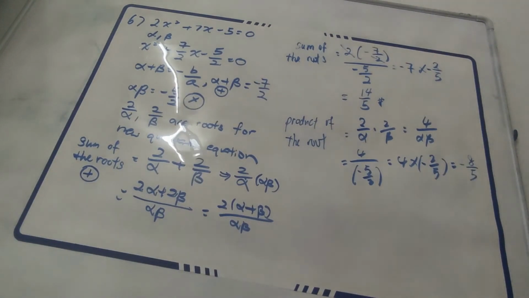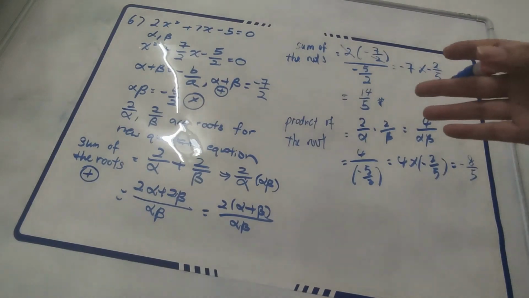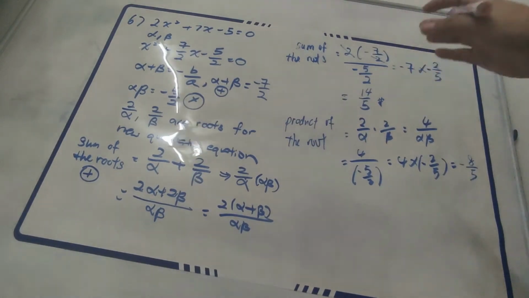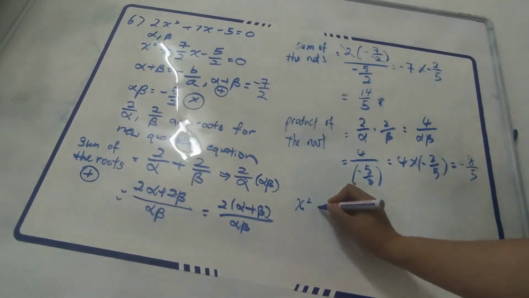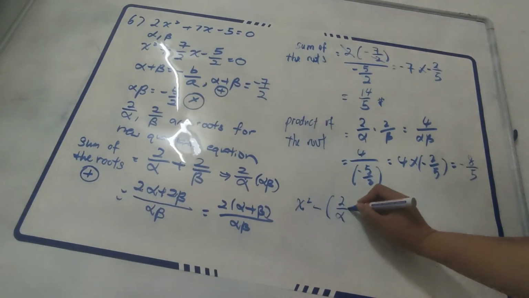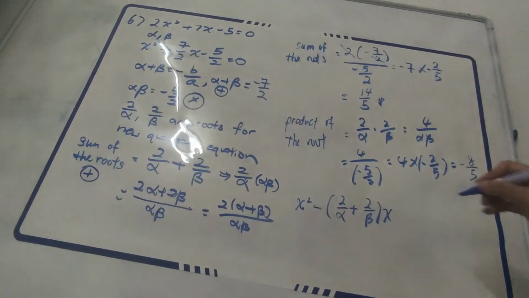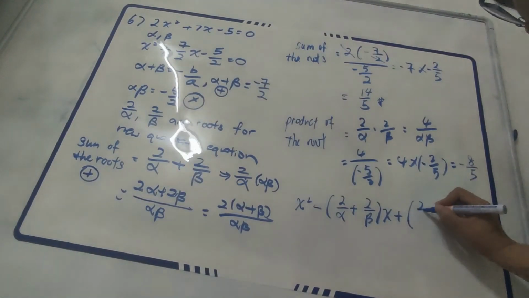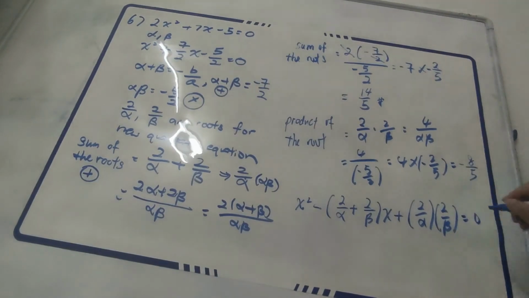And then for the whole new quadratic equation, with the sum of the roots and the product of the roots, it should be in this form: x squared minus the sum, 2 over alpha plus 2 over beta, x, plus 2 over alpha times 2 over beta, equals 0.